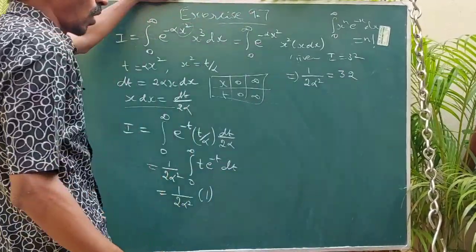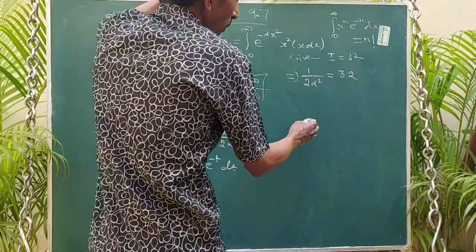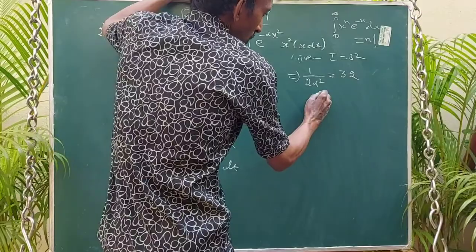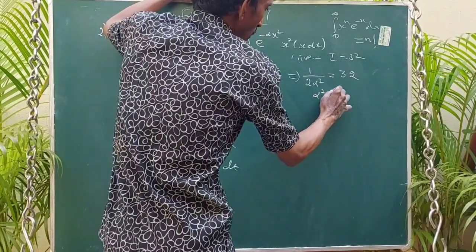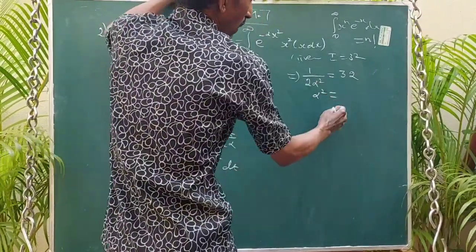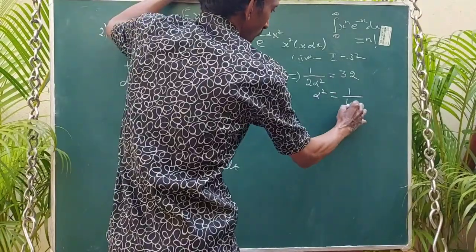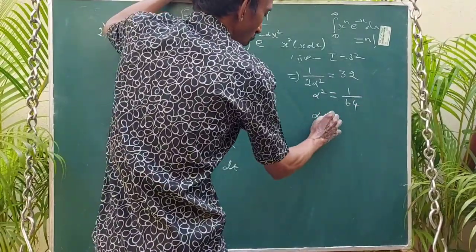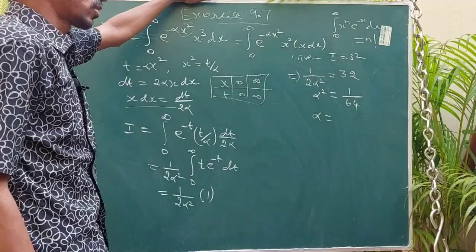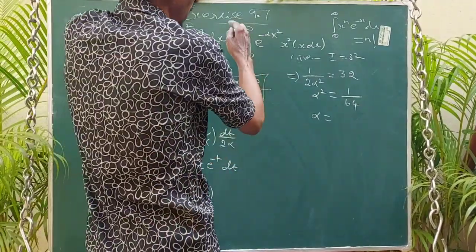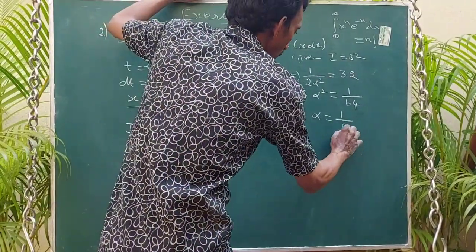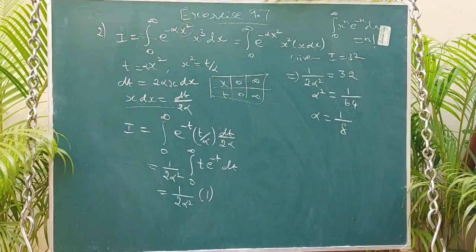So 1 by 2 alpha square equal to 32. If we take the reciprocal and cross multiply, alpha square equal to 1 by 64. So alpha equal to plus or minus 1 by 8. But it is given that alpha is positive, so alpha equal to 1 by 8, that is the suitable answer.